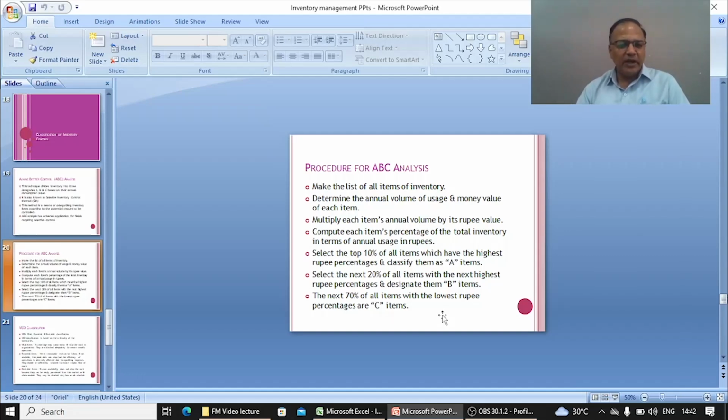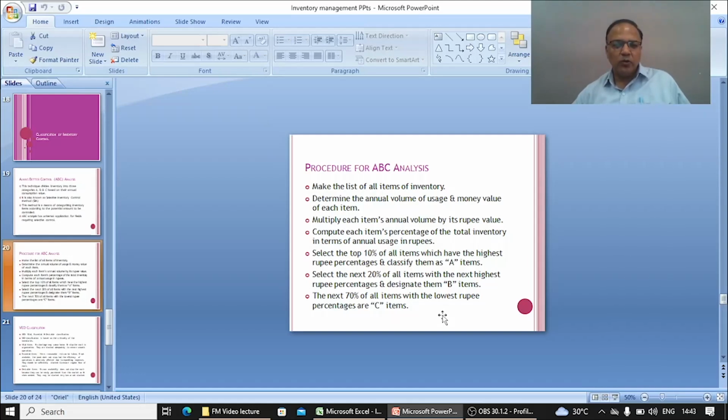After that, compute each item's percentage of the total inventory in terms of annual usage in rupees. It means, suppose you have a total of rupees 1 crore, and item number 1, which you have consumed, you are spending rupees 10 lakh.